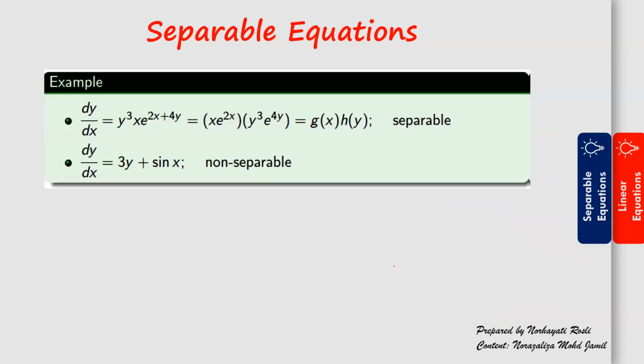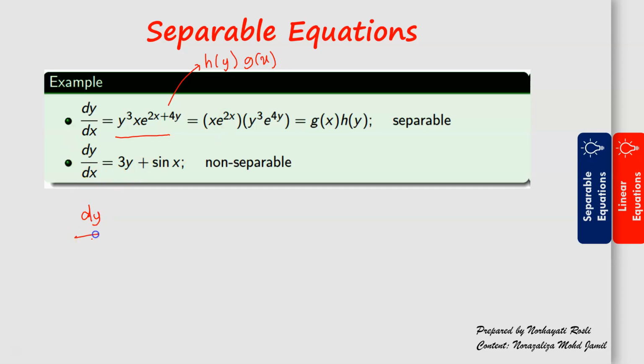So class, we go to this example. You need to identify whether these two differential equations are separable or not. We look first at dy/dx equal to y^3 x e^(2x+4y). In this case, can we write this equation in terms of h(y) multiplied by g(x)? Let's resolve this one.